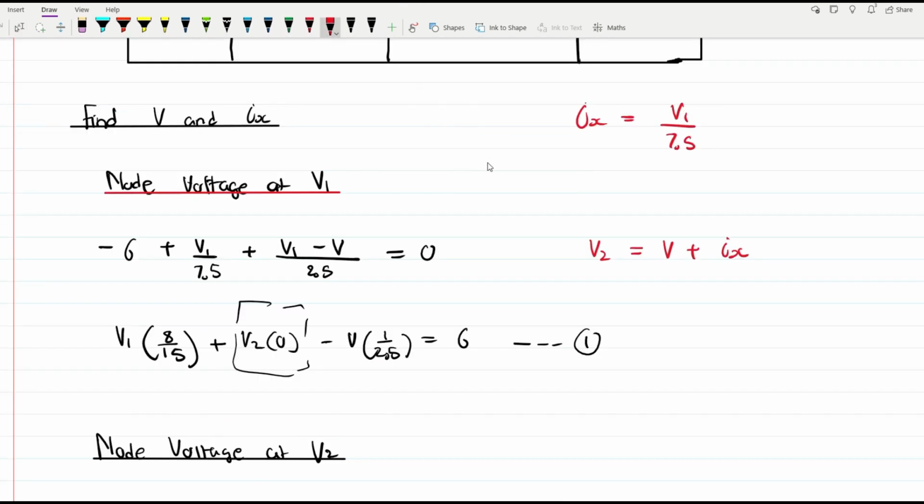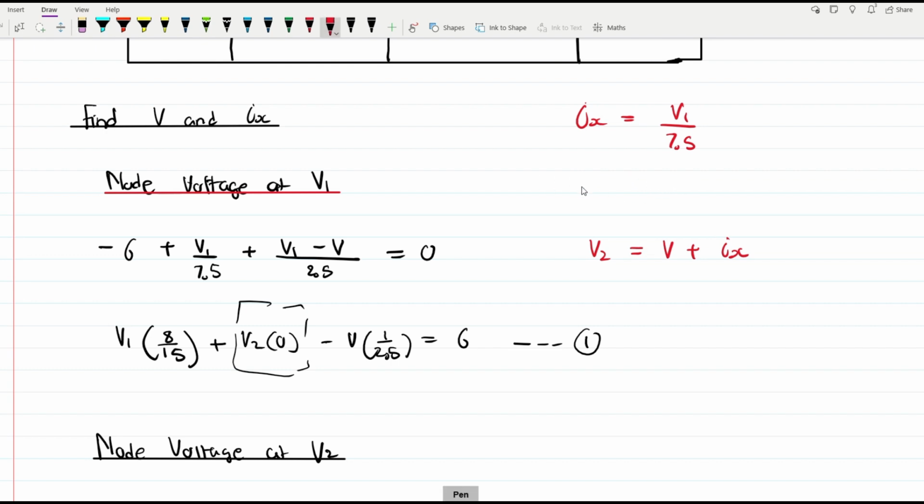So what I'm going to do from here is that I'm going to convert these equations into this form. So I'm going to say 7.5, multiply that by Ix, and then I'm going to take this V1 on the other side. So I'm going to say minus V1, and all of that is equal to 0. Or I can simply do this.